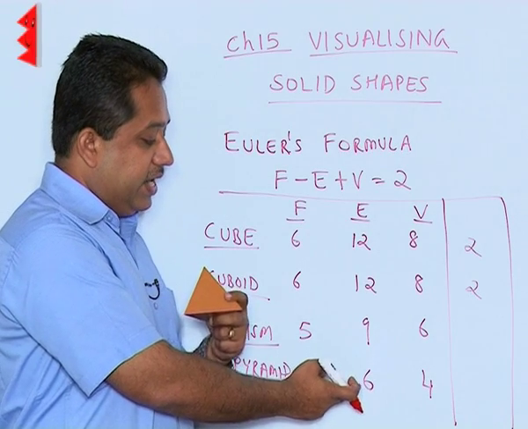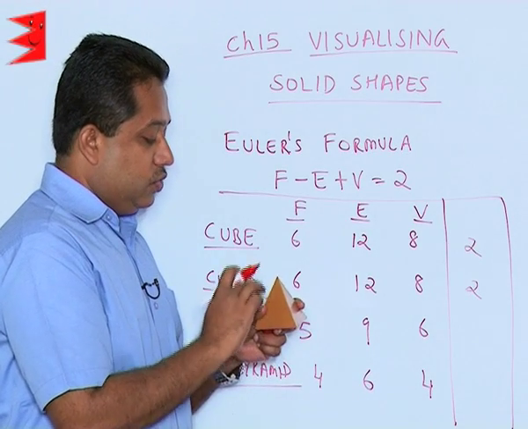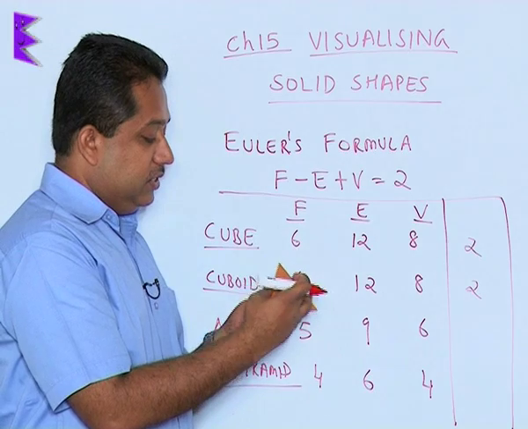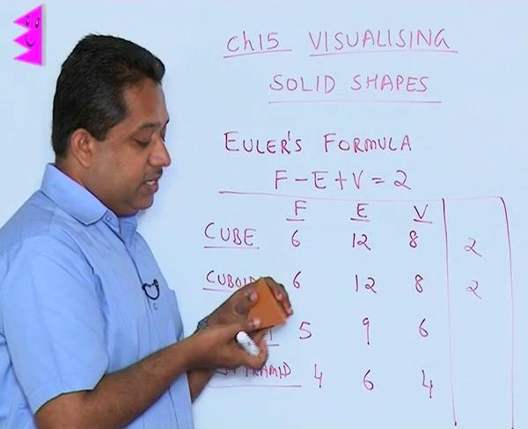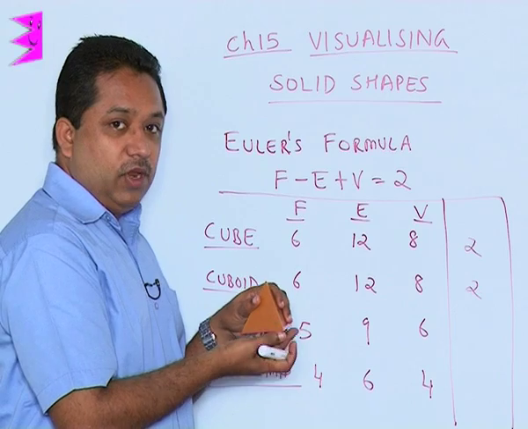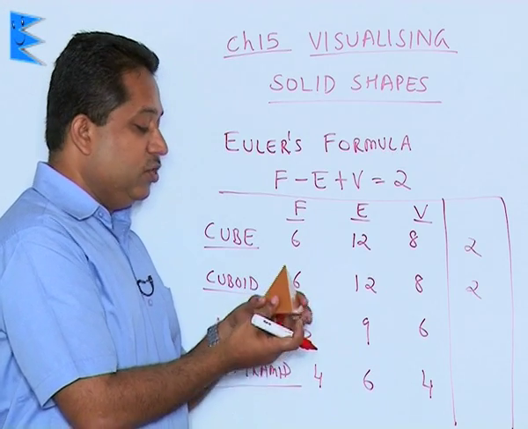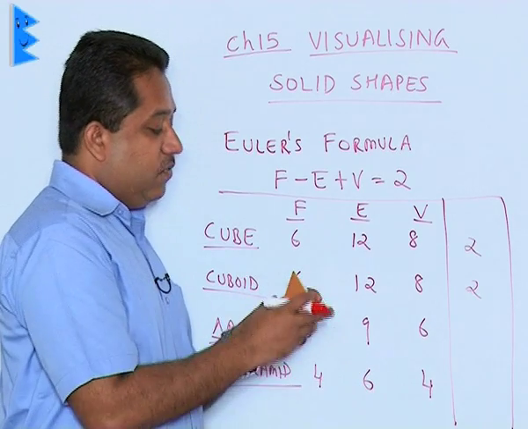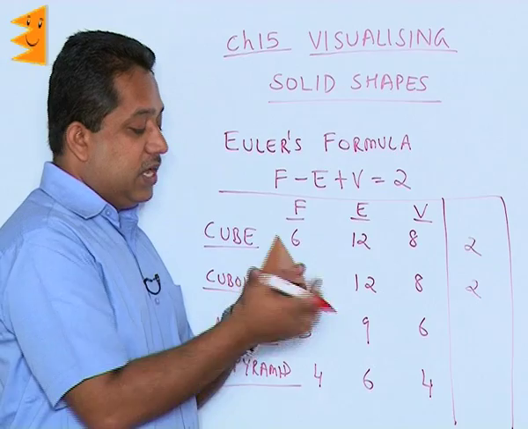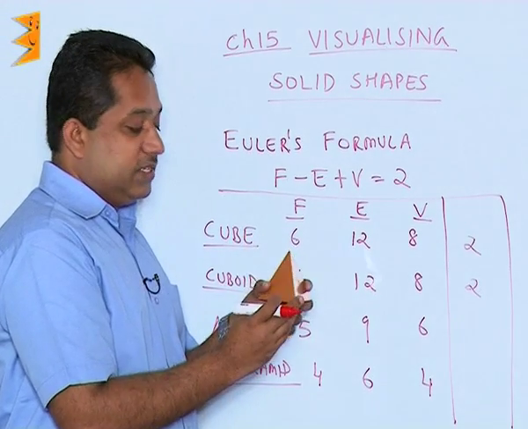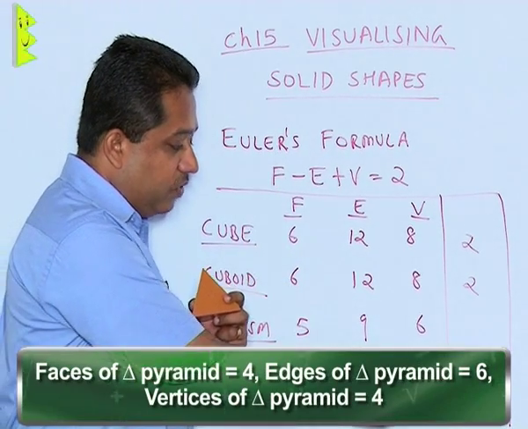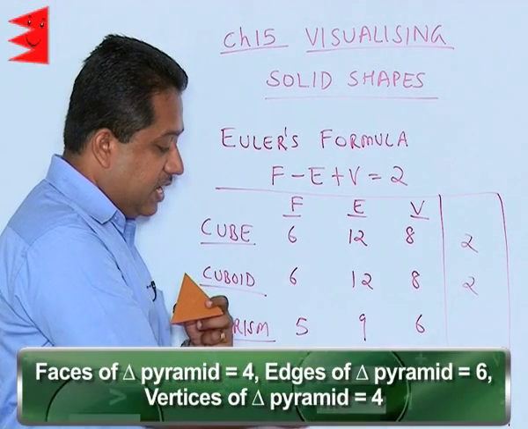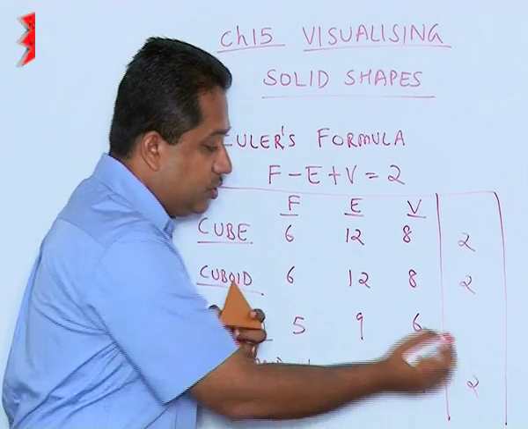Then we have edges, 3 here on top and 3 below, that is the base, so that makes it 6 edges. And what about the vertices? 1, 2, 3 and 4. So, we have 4 vertices. That is why we have 4 faces, 6 edges and 4 vertices. 4 plus 4 makes it 8, 8 minus 6 is also giving us 2.